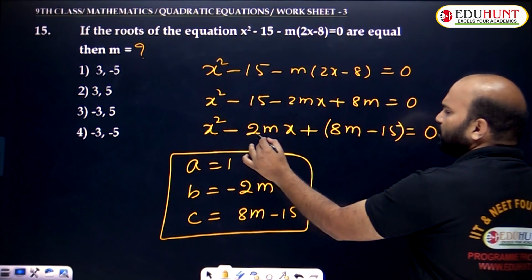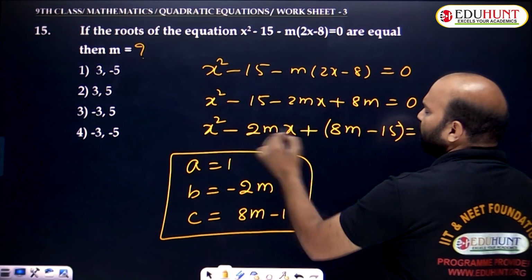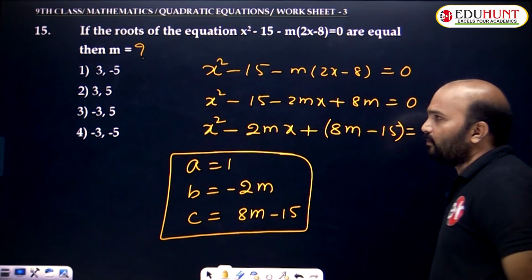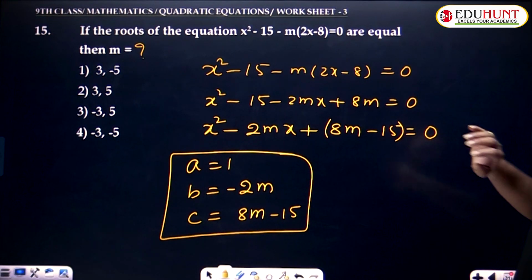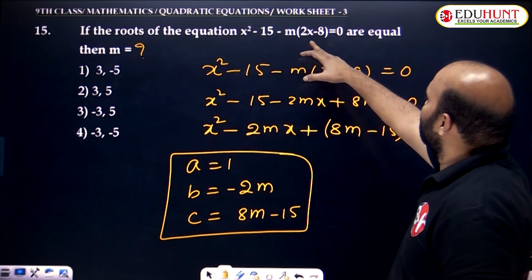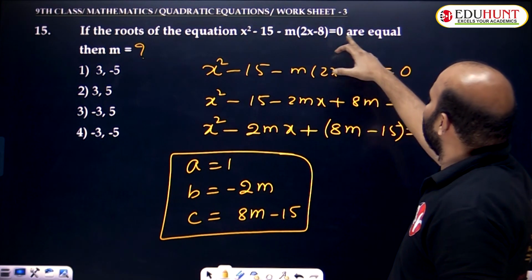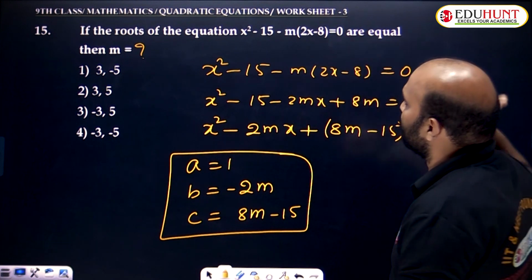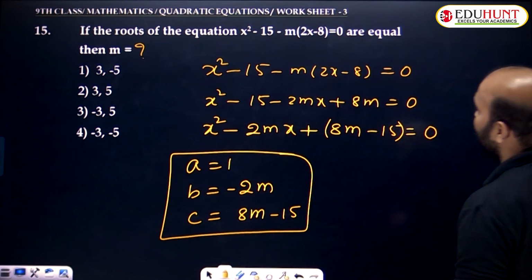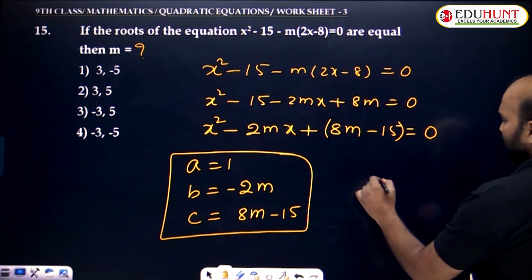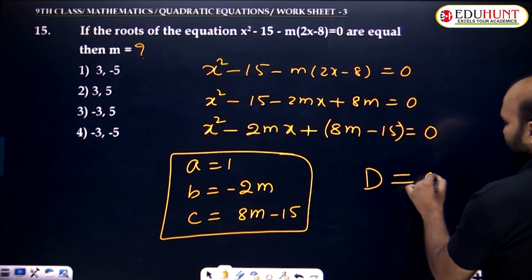This is the c value. Am I clear? This minus 2m is the b value, the x coefficient, and the x square coefficient a equals 1. But clearly we need to notice that the roots are equal. Equal means what? Roots are equal. If roots are equal, clearly we need to understand the discriminant equals 0.